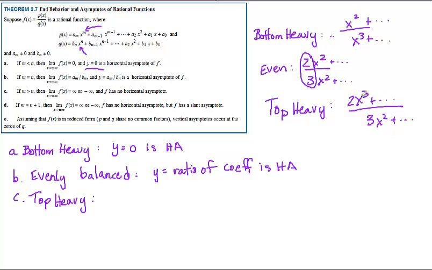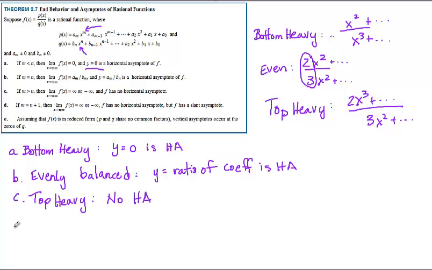When this happens, the degree in the numerator overpowers that of the denominator, meaning that it's going to shoot up to infinity or negative infinity, depending on how the negatives and the powers play out. So this has no horizontal asymptote.